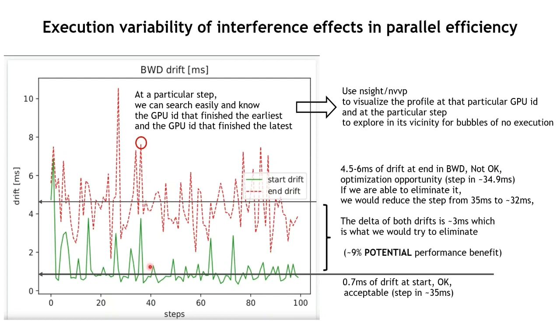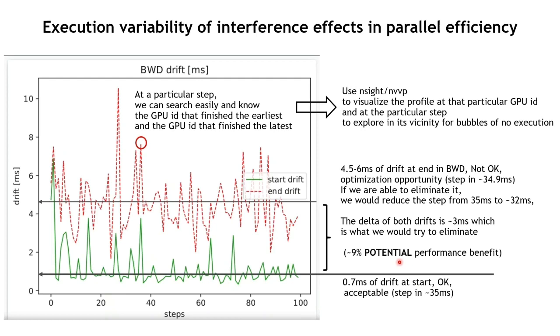3 milliseconds of reduction of variability over the 35 milliseconds that the training step takes would lead to a meaningful 9% performance improvement at very large scale, worth the focus of the software optimizations. How do we improve the execution to make it more deterministic when concurrently we are running the backward stage, the pre-processing, and the communications?